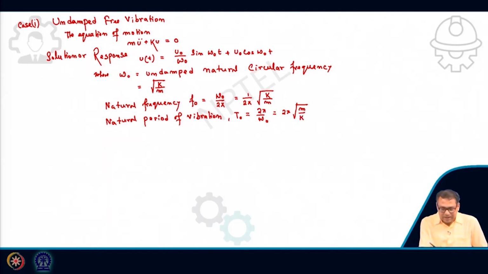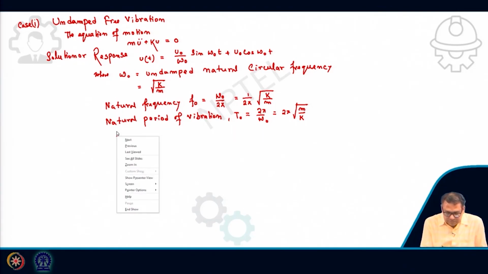I have already discussed in my previous lectures how we get T0, because it is the time required to complete one cycle. So that is 2 pi divided by the natural angular frequency, or the angular speed.